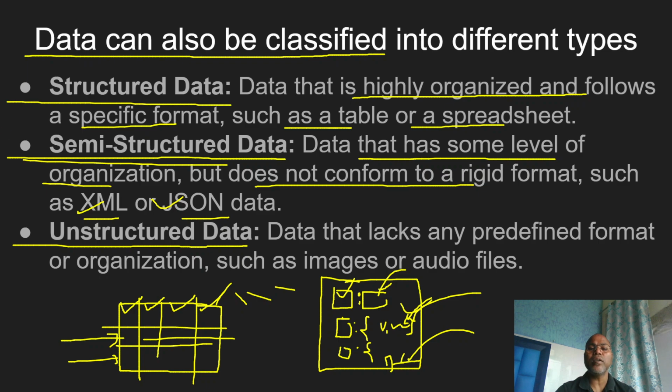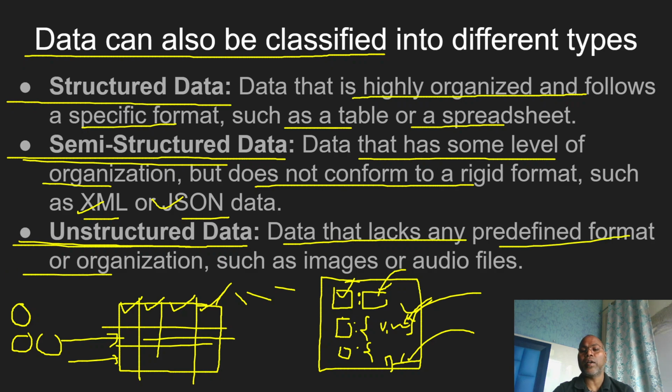Last is unstructured data, where we don't know exactly what fields or attributes we are going to store for this information, or what attributes we are going to store for other information. It lacks a predefined format or organization, such as an image, a photograph, audio or video. All this information is considered unstructured data.